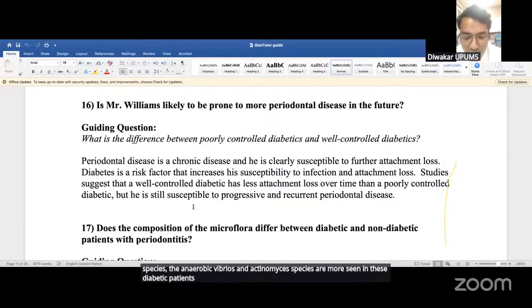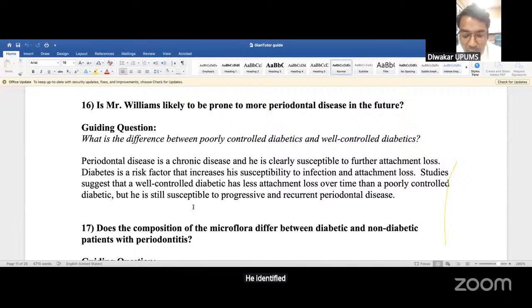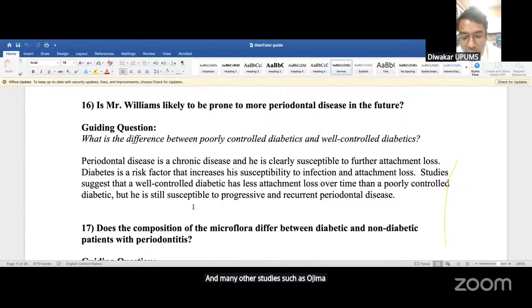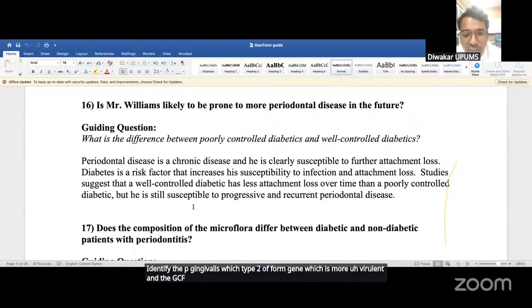Zambon et al. identified different serotypes of Porphyromonas gingivalis in diabetic patients, and many other studies, such as Ojima et al., identified P. gingivalis with type 2 fimA gene, which is more virulent.